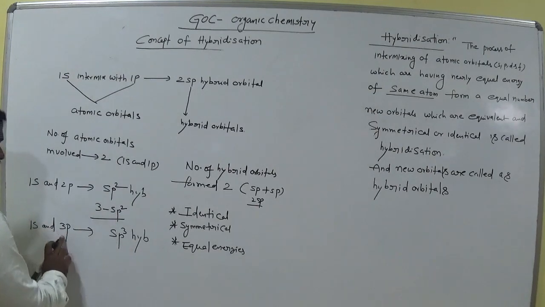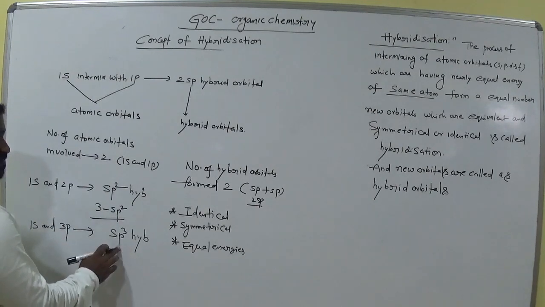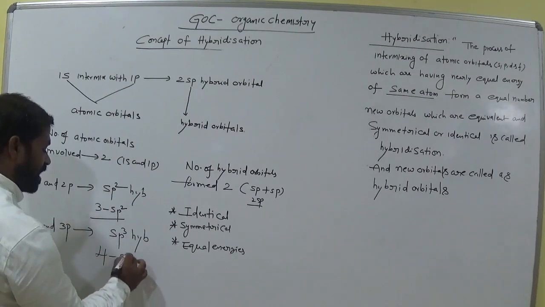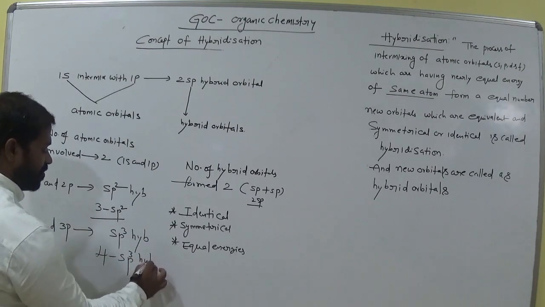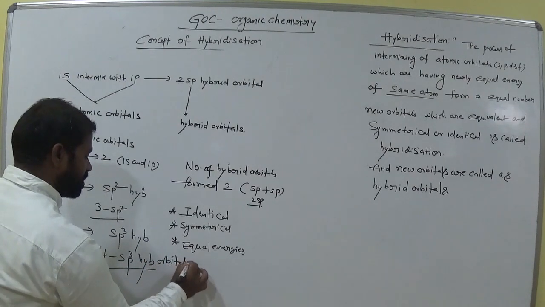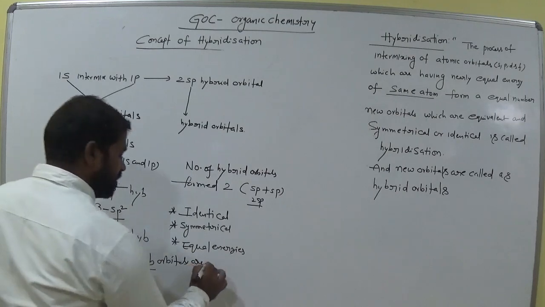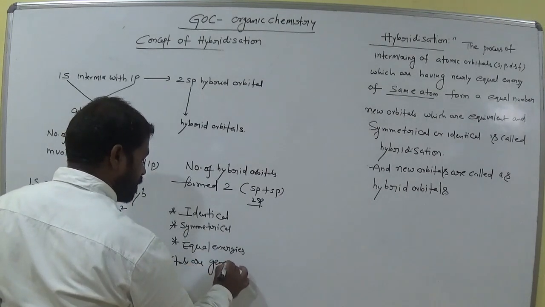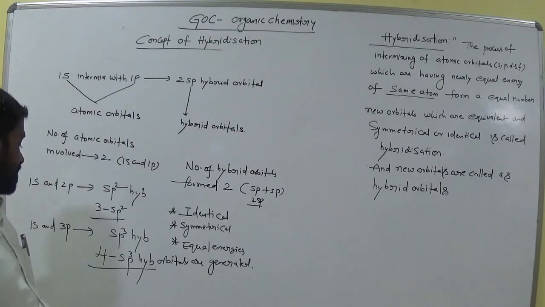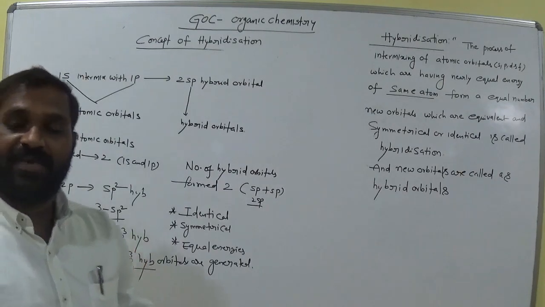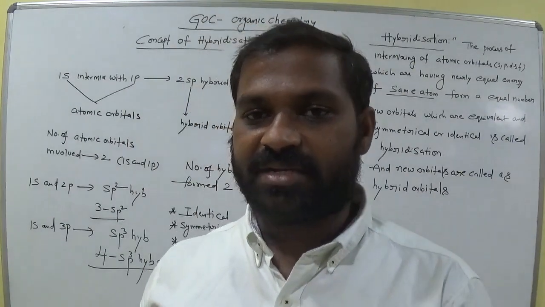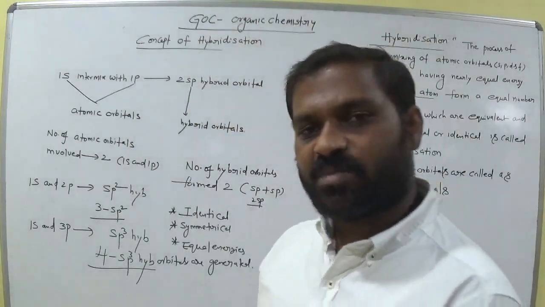Because 1 s orbital and 3 p orbitals intermix. So 4 sp3 hybrid orbitals are generated, having the same energy, symmetrical, identical, equivalent. Equivalent means almost the same.